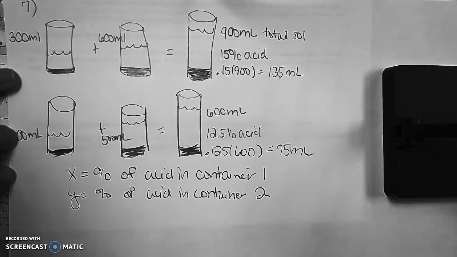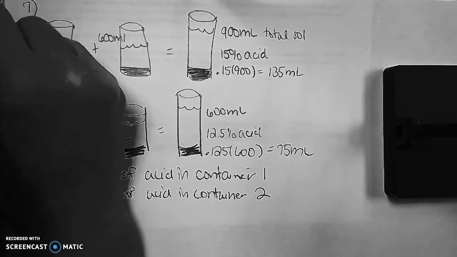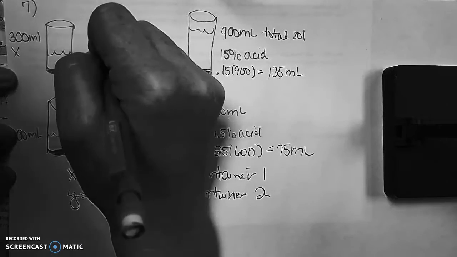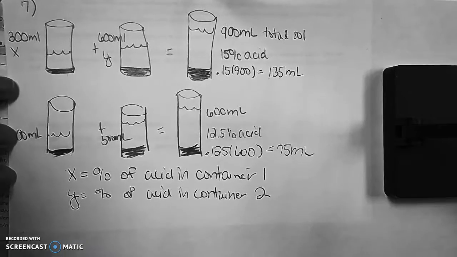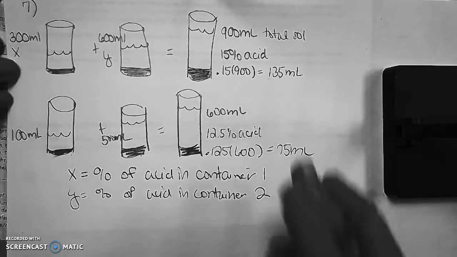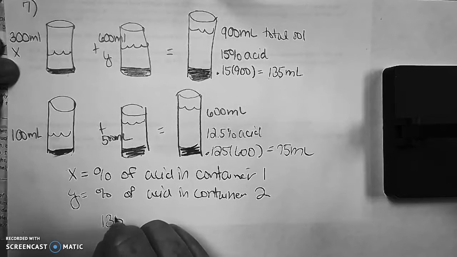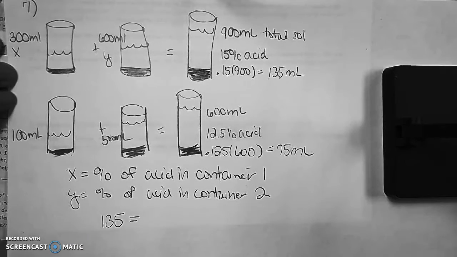So if I go back to my problem, I don't know how much acid is in each. That's what I'm trying to find. But I think we can write an equation. I know 135 is the total amount of acid.